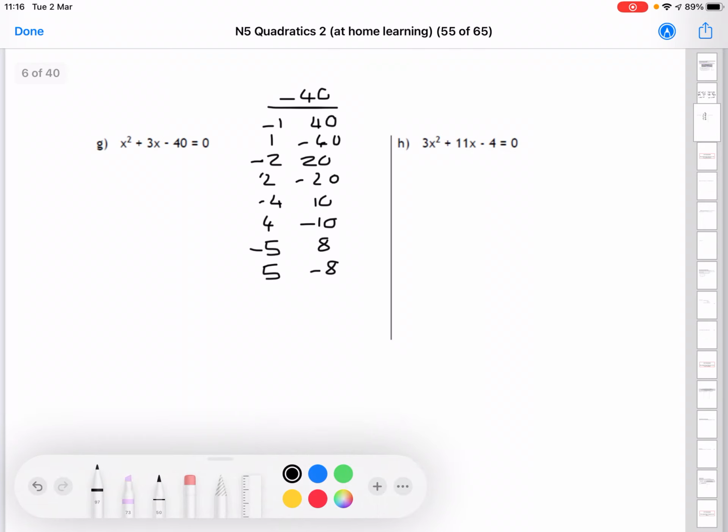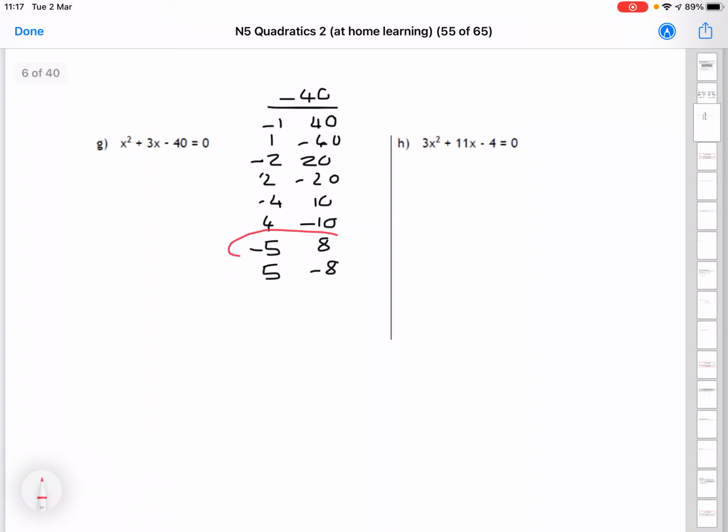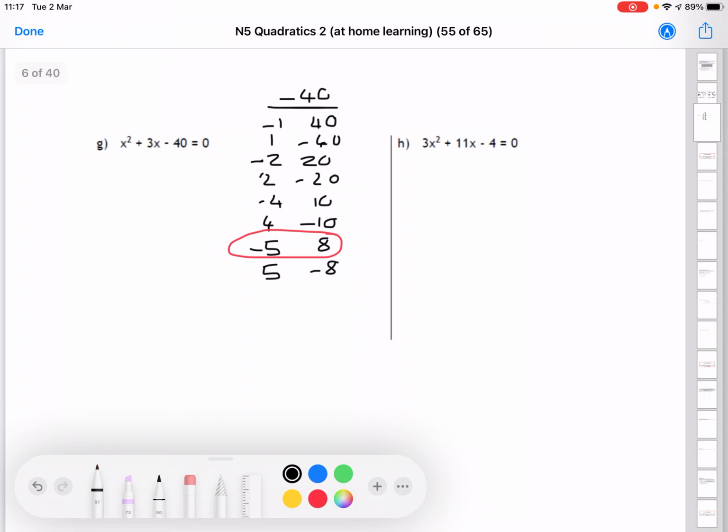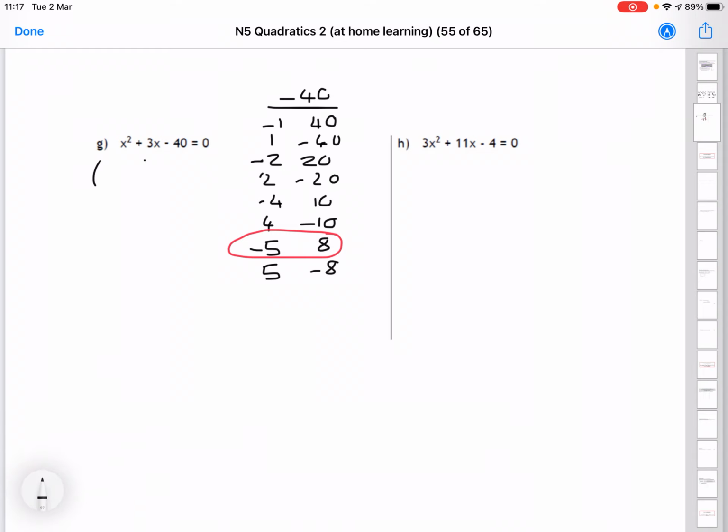So if we look through that list, we're looking for the pair of numbers that would add up to give us positive 3. So that's going to be the minus 5 and the 8. Minus 5 add 8 gives you positive 3. So that's the two numbers we would use in the brackets. So we're going to have x minus 5 and x plus 8.